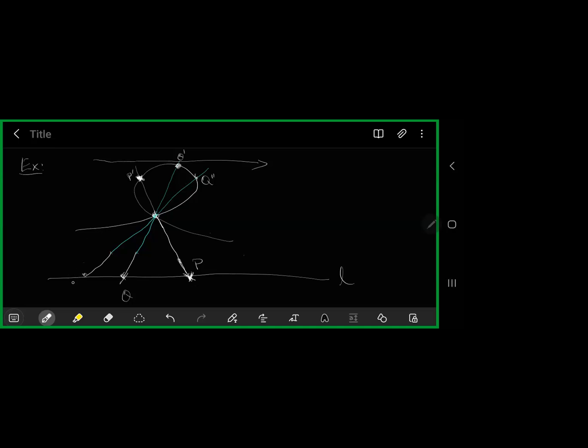Q double prime, or maybe S prime and S. Okay. It turns out that this mapping is basically an association between the points on the curve.